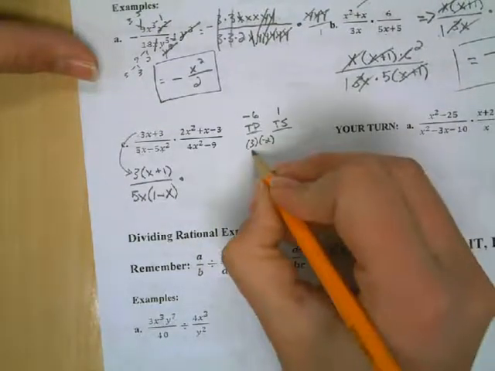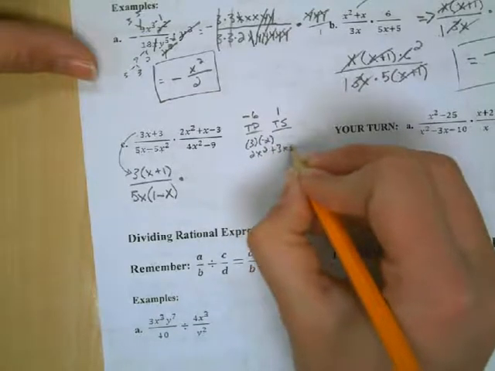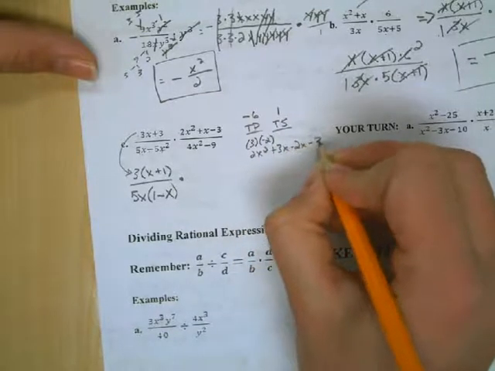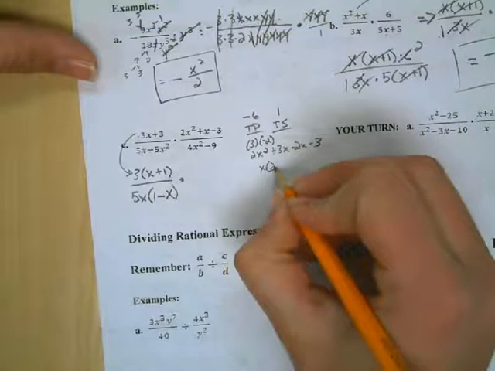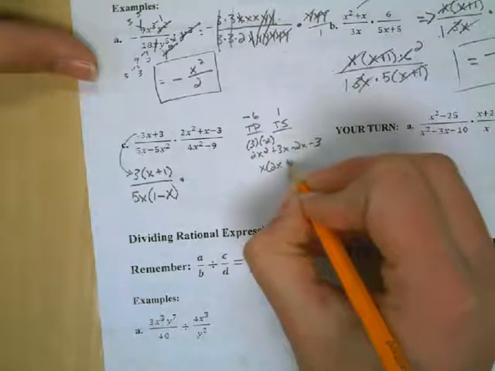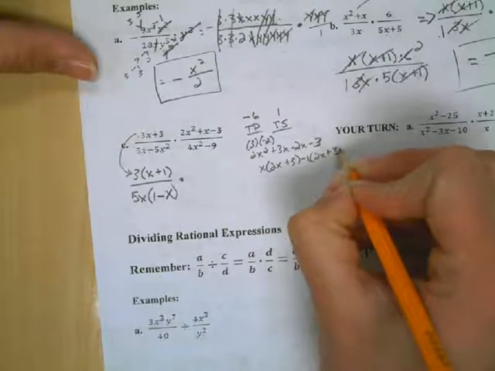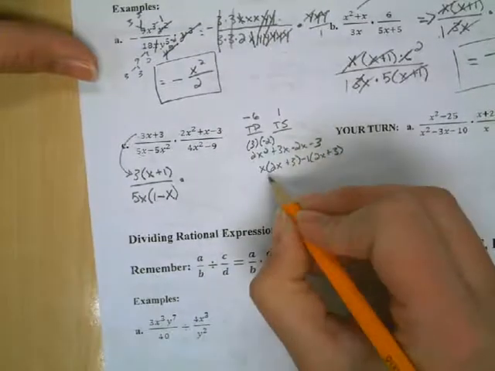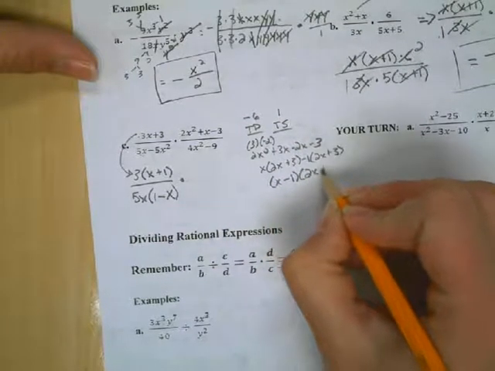So I would get 2x squared plus 3x minus 2x minus 3. To factor that by grouping, I've got an x, 2x plus 3. Take a -1 out, I've got 2x plus 3. So I end up here with x minus 1, 2x plus 3.